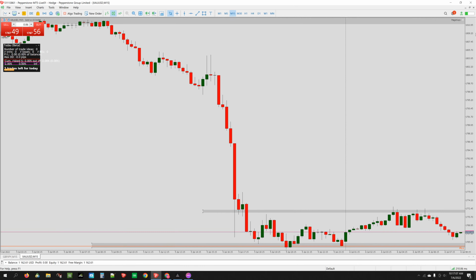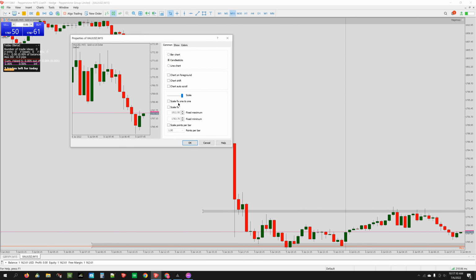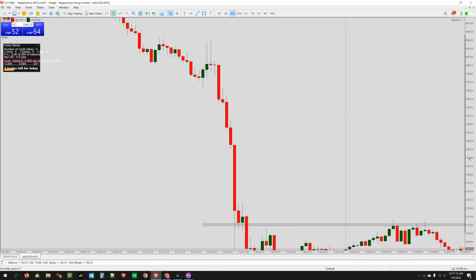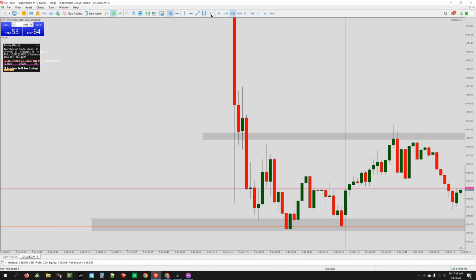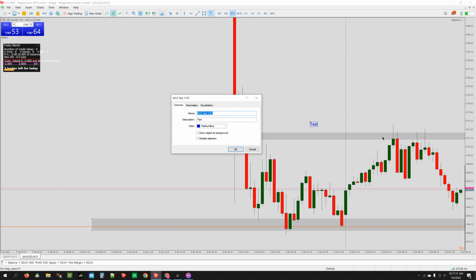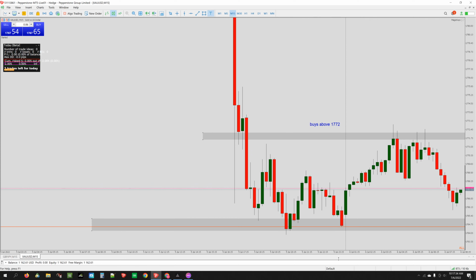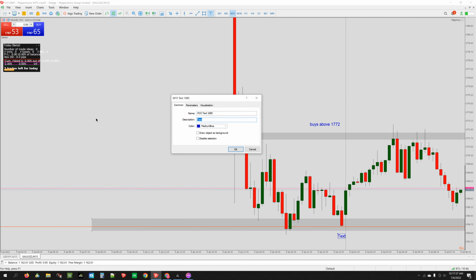Basically at this point we are just looking at two things: buys above 1772, shorts below 1764.